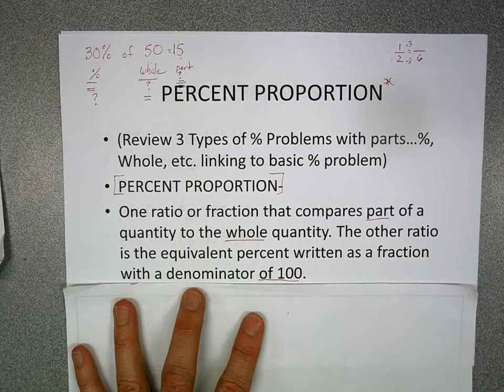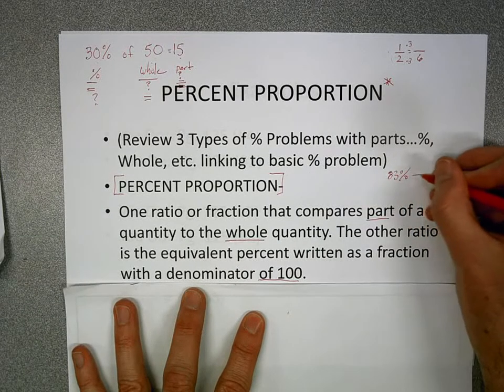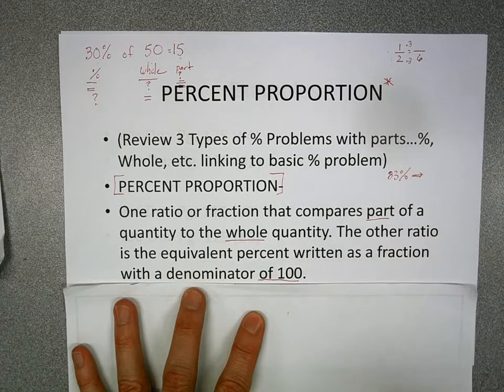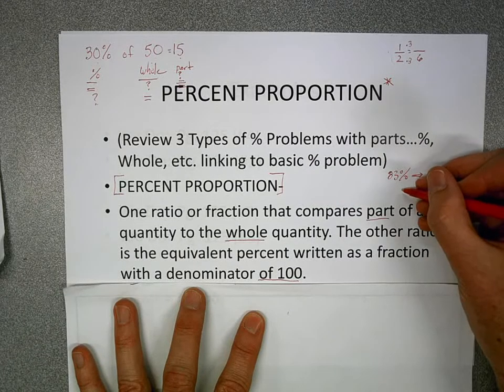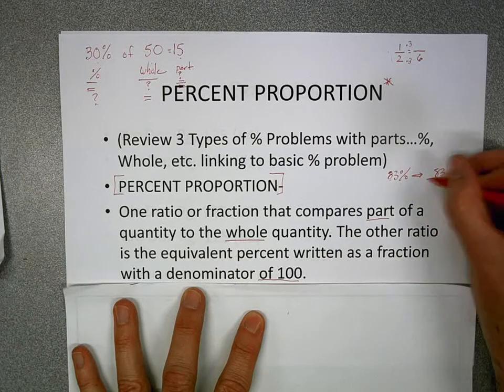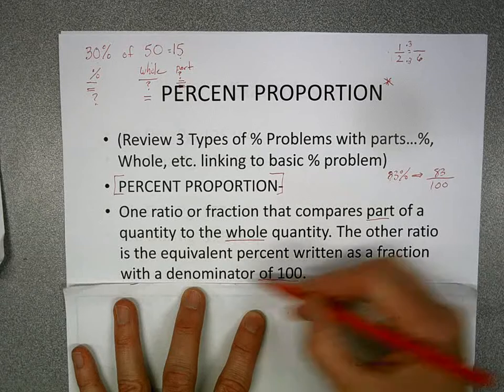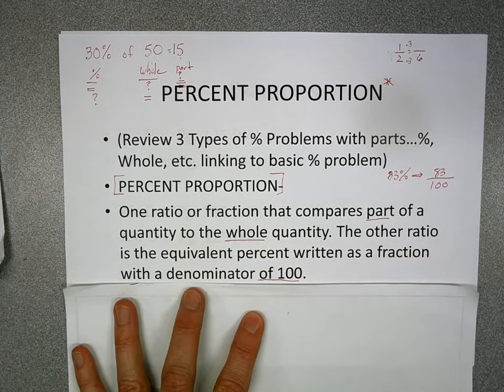That should make sense, right? Because if you have something like 83%, and I said, guys, write that as a fraction, remember we talked about percent being per 100 or for each 100? You would just write 83% as 83 over 100. So that's what it's talking about. It's written as a fraction with a denominator of 100.